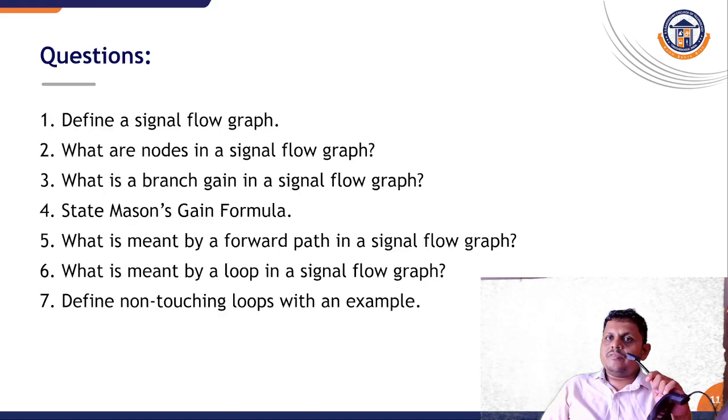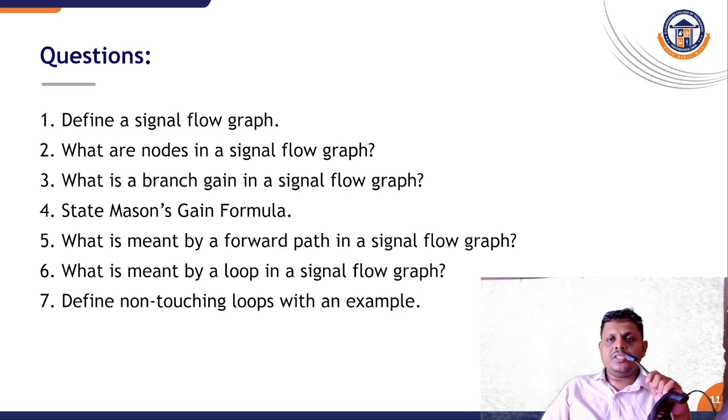And finally, there are some questions for signal flow graph. What is a signal flow graph, and what are the nodes in a signal flow graph? What is the branch gain in a signal flow graph? State Mason's gain formula. What is meant by a forward path in a signal flow graph? What is meant by a loop in a signal flow graph?